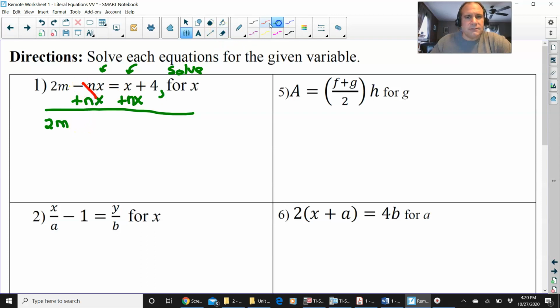Well, that's good. Equals, I love when things cancel, x plus nx plus 4. Okay, so I still need to solve for x, and you know what? I need to get that 4 over to the other side because I need the x's on one side, kind of like alone together. All right, so I'm going to minus the 4 on both sides.